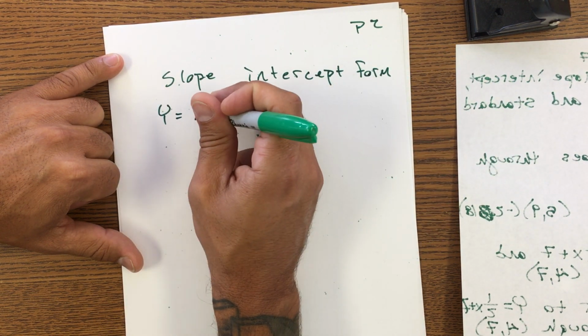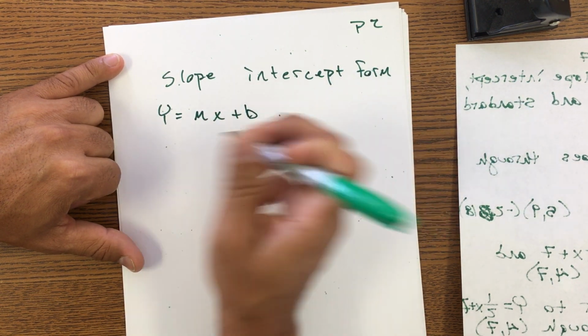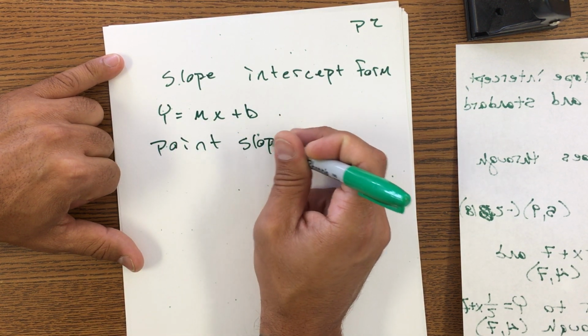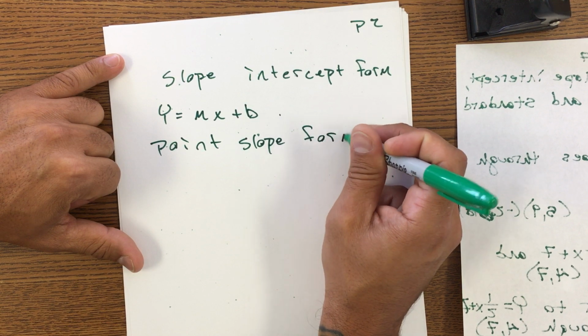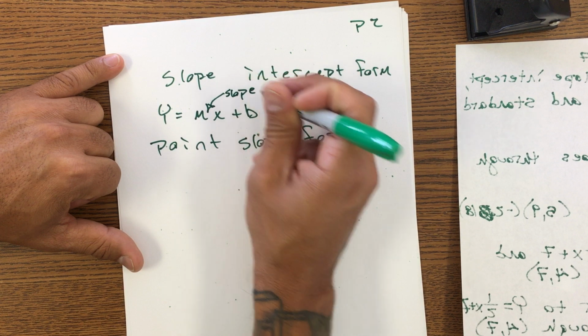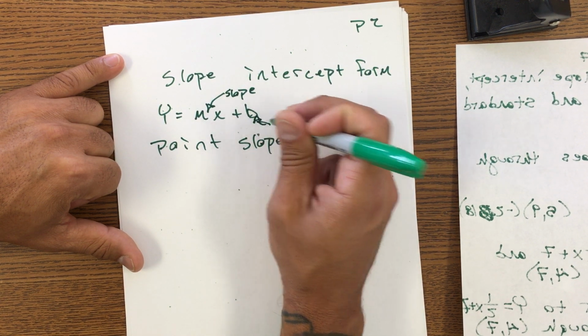is y equals mx plus b. Point slope form. Well, this is the slope. This is the y-intercept.